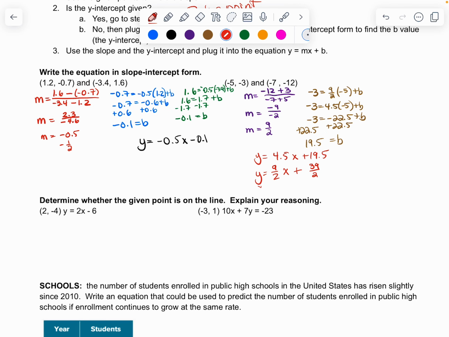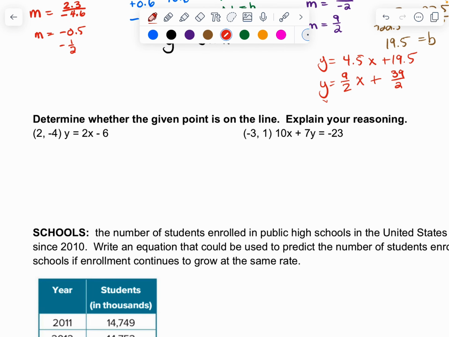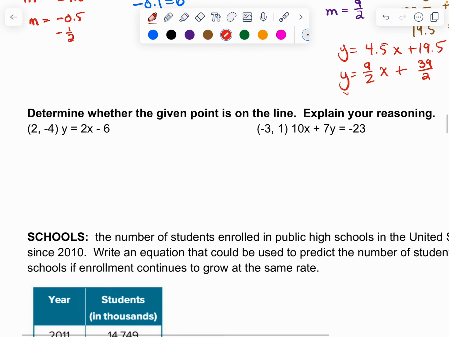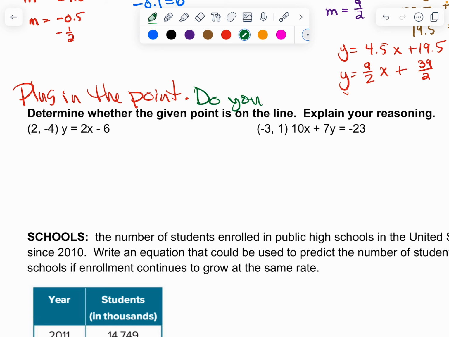Okay, now we want to know if this point is on the line. So in order for your point to be on the line, that means I have to plug in the point. Do you get a true statement?